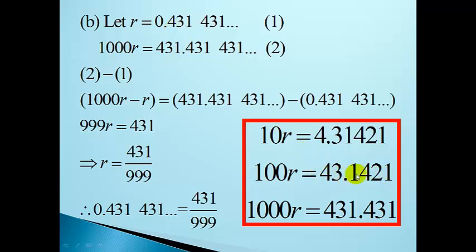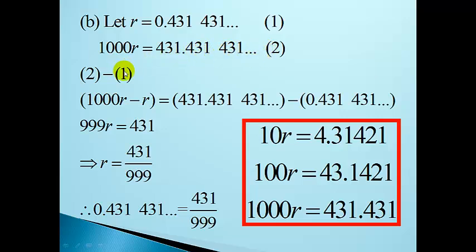The recurring pattern has also changed. But when you multiply R by 1000, you have 1000R on the left hand side, and on the right hand side, you have 431.431431. So the recurring pattern is also seen when we multiply through by 1000. And that's the reason why we multiply R by 1000. And that's equation 2.